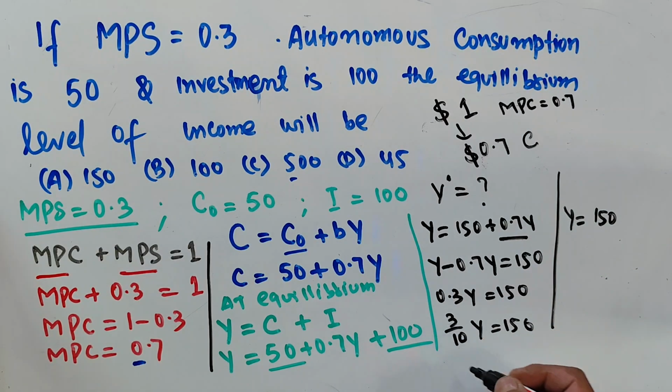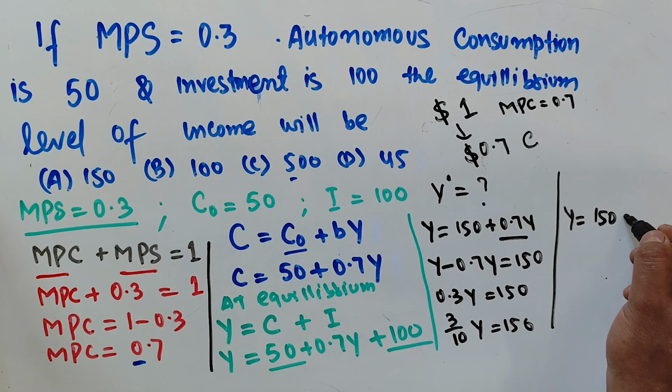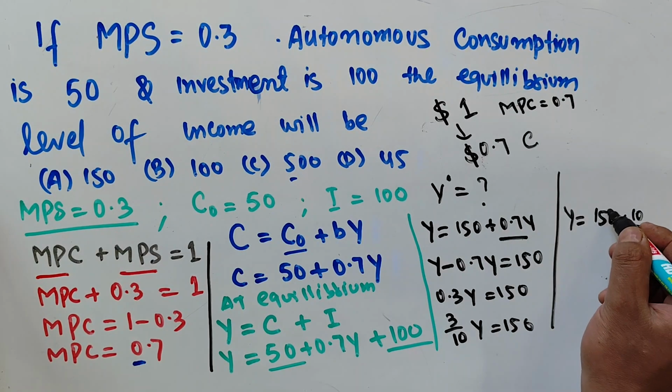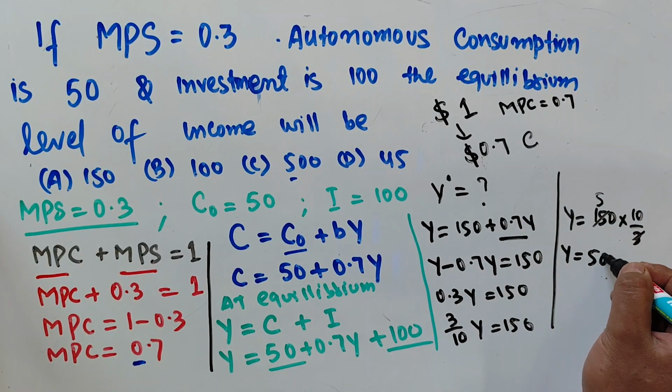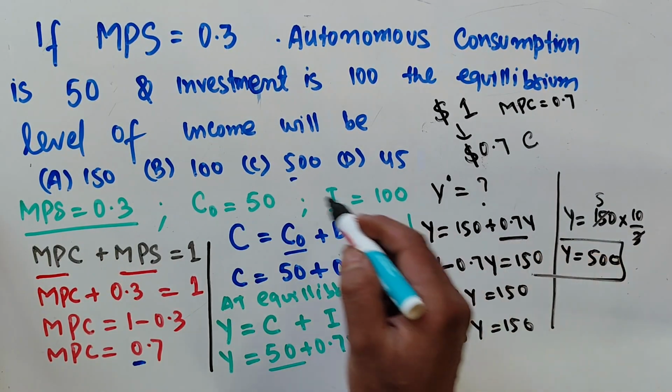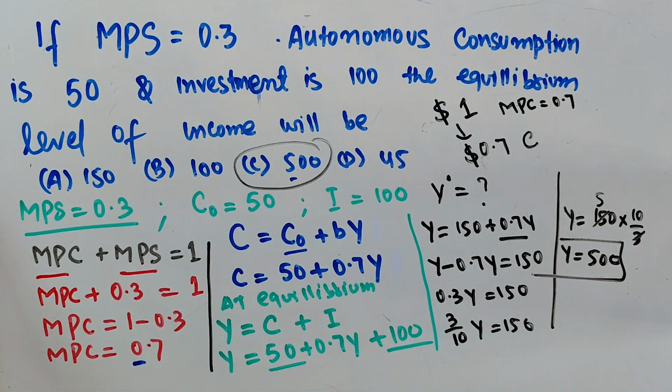If I transpose 3 upon 10 to the RHS, it gets reciprocated and multiplied, it becomes 10 upon 3. So 3 ones are 3, 5 are 50, so Y is equal to 50 into 10, which is 500. That gives us the equilibrium level of income. So C option should be the correct option.